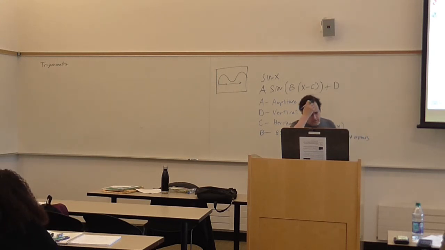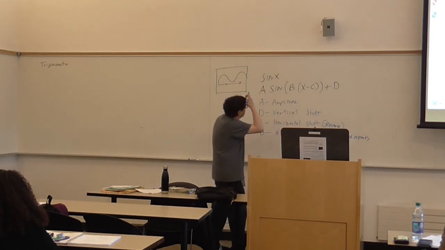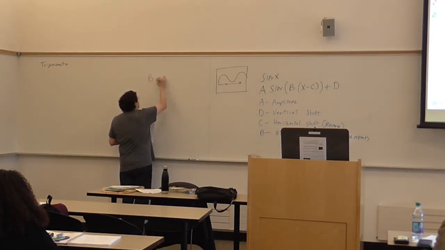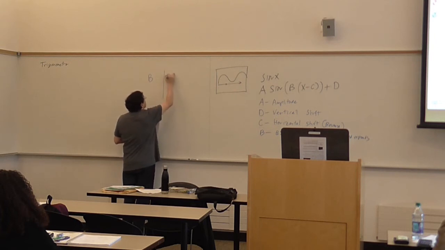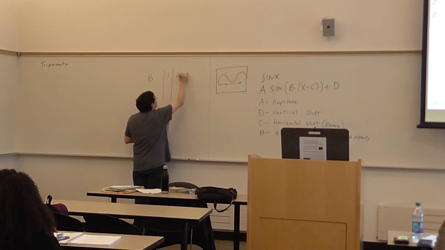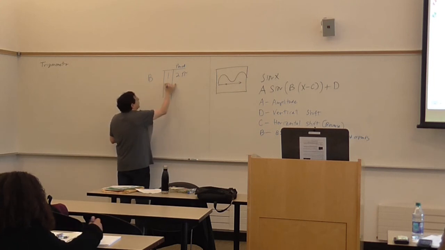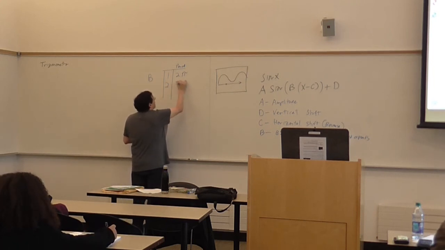Let's get a handle on that. If b is 1, period is 2 pi. If b is 2, period is pi.